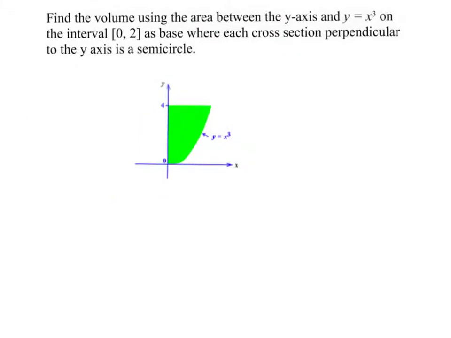All right. Find the volume using the area between the y-axis and y equals x cubed on the interval from 0 to 2 as base, where each cross-section perpendicular to the y-axis is a semicircle. So now we're talking about building like this. We know the area of a semicircle.